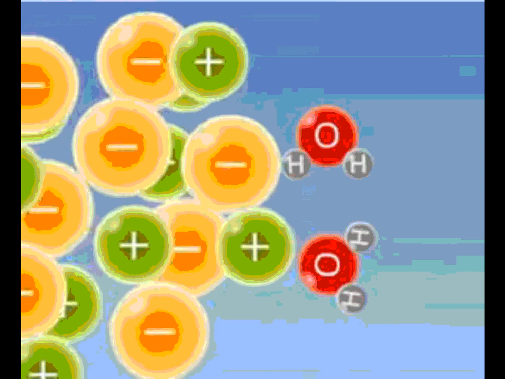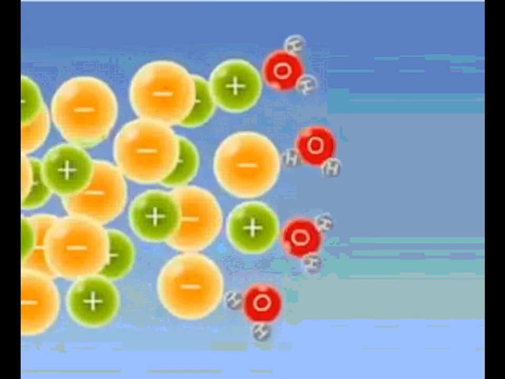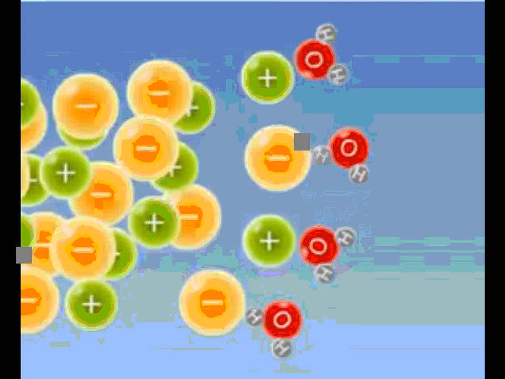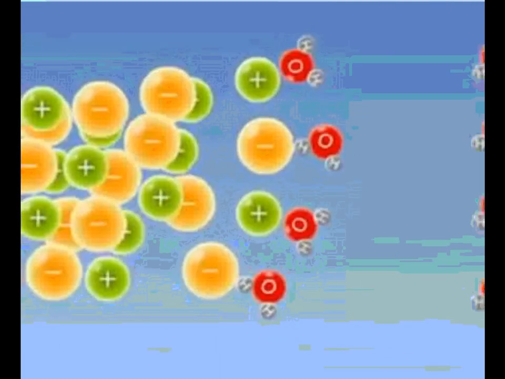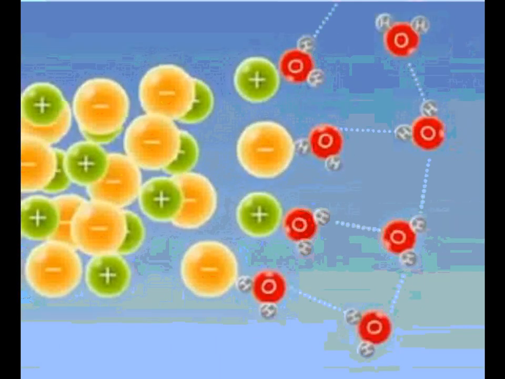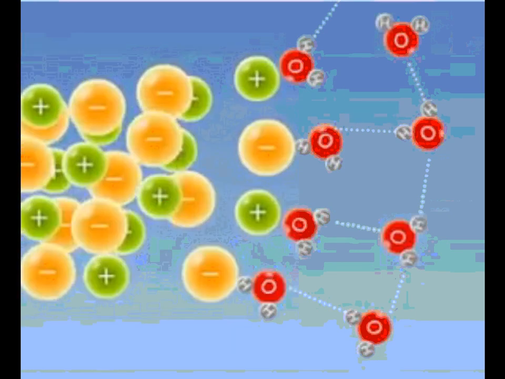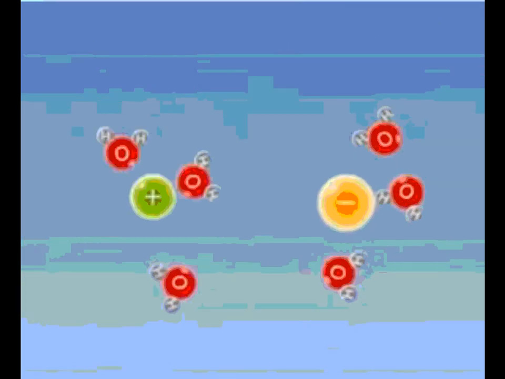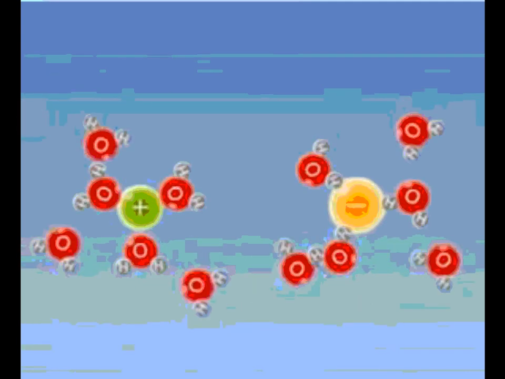This attraction distorts the electron clouds around the ions and loosens the ionic bonding within the crystal lattice. At the same time, water molecules at the surface of the crystal are also attracted by other water molecules via hydrogen bonding. As a result, ions leave the crystal lattice and enter the liquid phase.